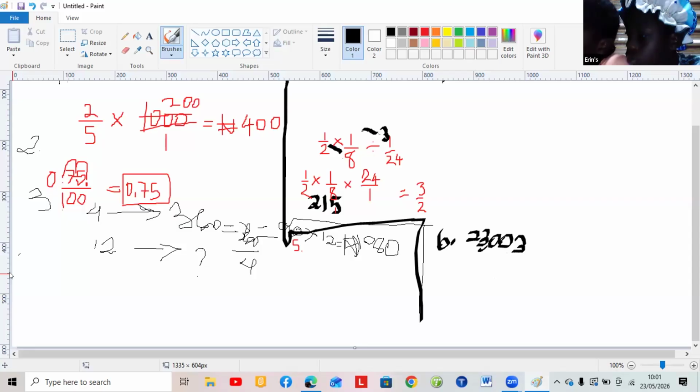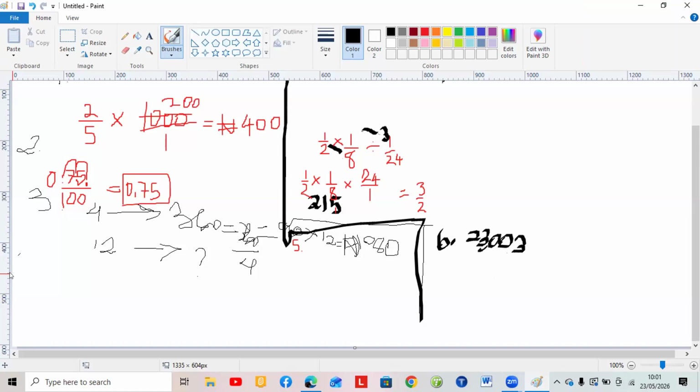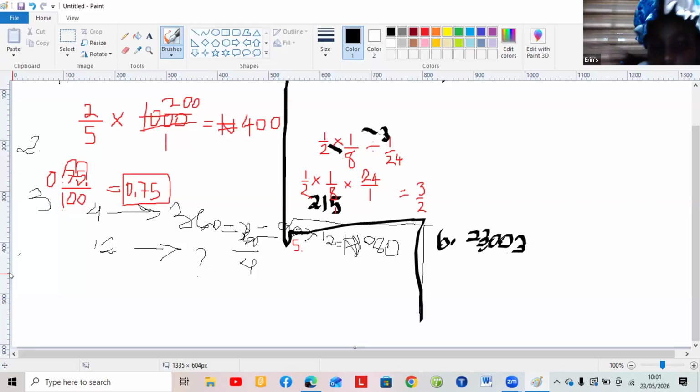Number 19 says find the missing number. Faith, you read this question. 56, 563. Do you want to write it down? You guys should not. Yes, sir. What is the sign?